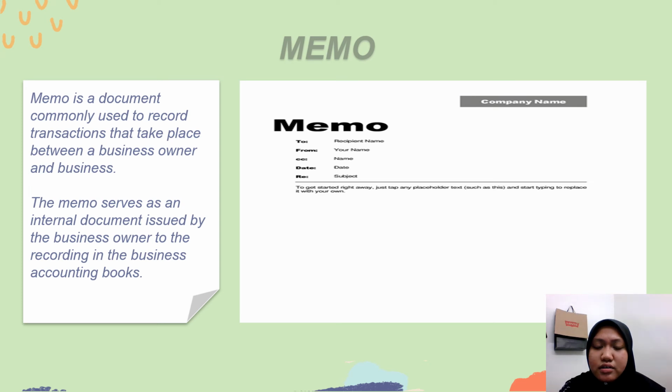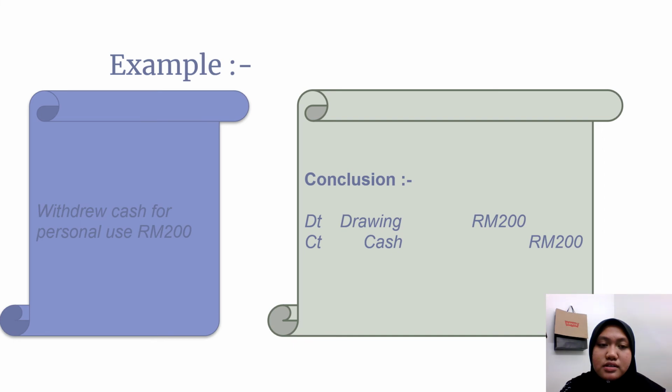So in my presentation, this is an example for memo vouchers. Okay, the example. Okay, if the question is withdrew the cash for personal use, 200 ringgit, alright? So we must debit the drawing and credit the cash.